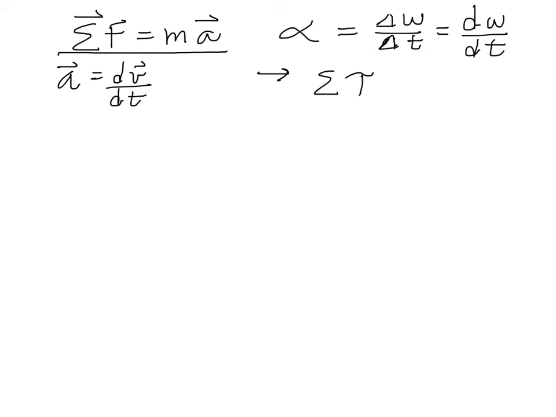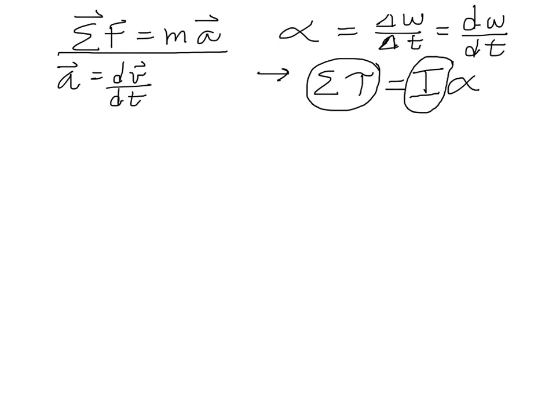So we have the relationship that the net torque acting on an object will result in an angular acceleration, a rotational acceleration, which is proportional to the net torque and inversely proportional to the rotational mass. So what we need to explore here is, what is this torque that causes a rotating object to change its rate of rotation?